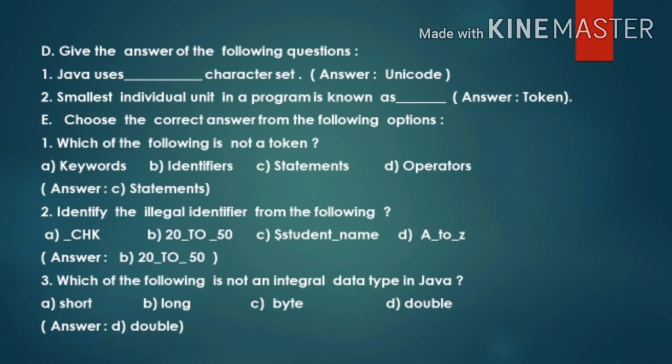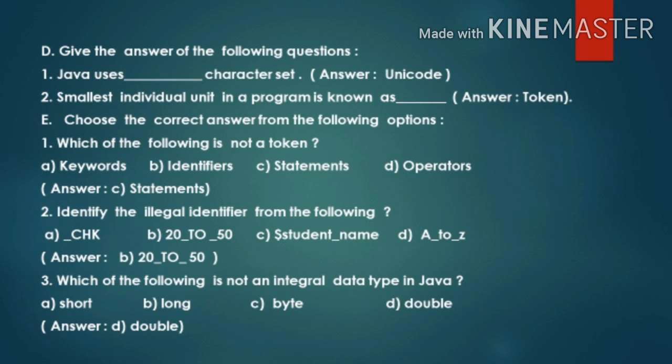Option C is $student underscore name. Option D is A underscore 2 underscore Z. The correct answer is option B, 20 underscore 2 underscore 50.